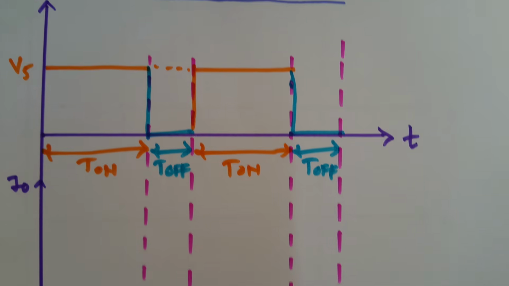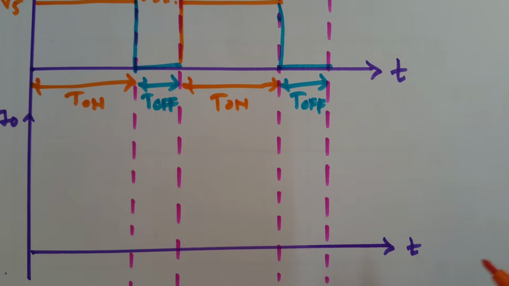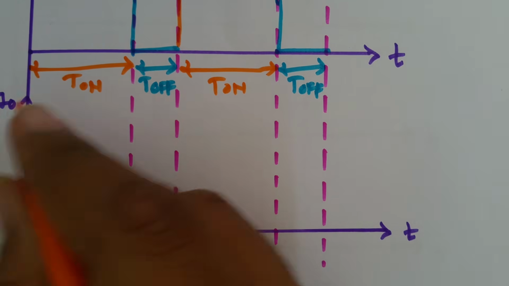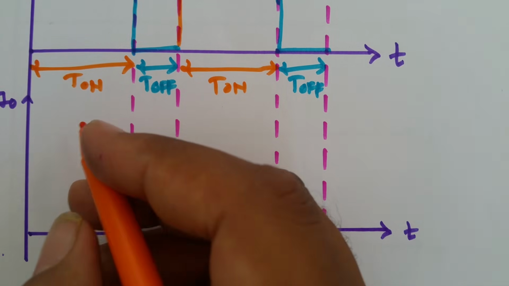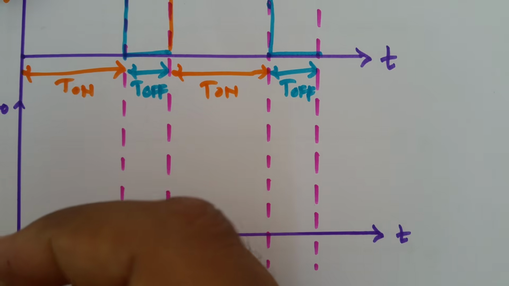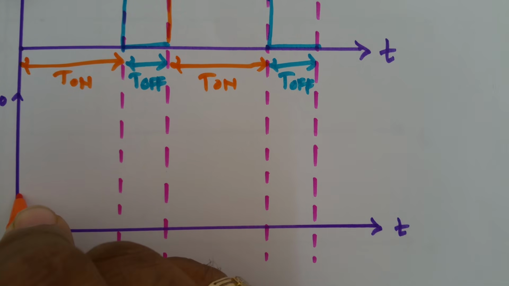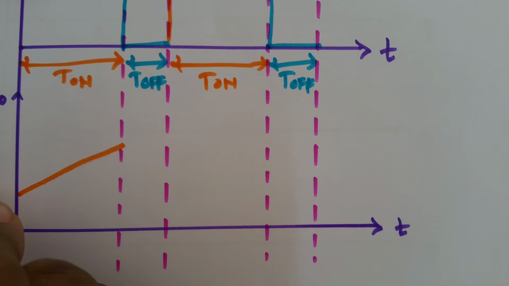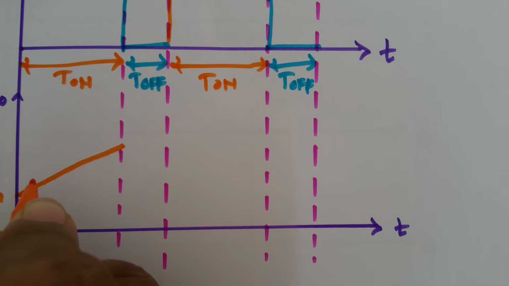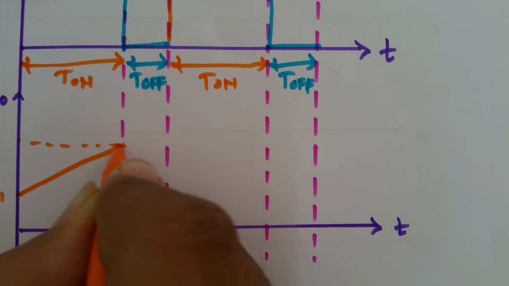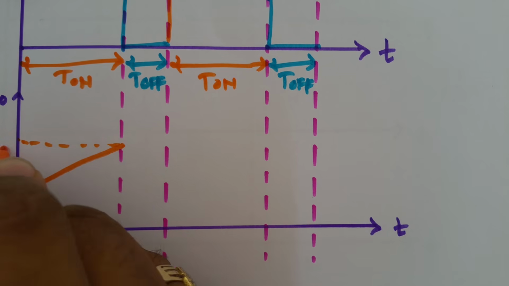Now let us try to understand what will happen with respect to current. When that switch is on, the inductor is getting charged, so its current is increasing. If I say its current is I1 initially, it will increase up to I2.